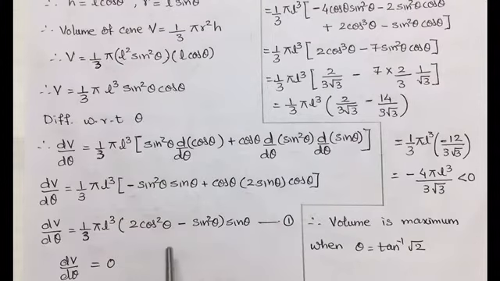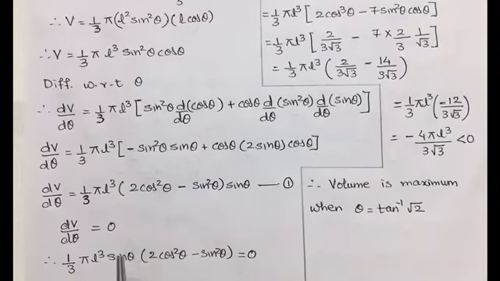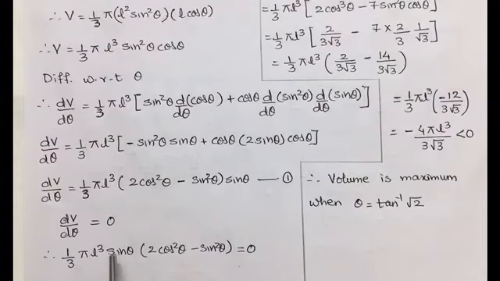Now to calculate the value of theta, we equate the first derivative to be equal to 0. So therefore, the statement becomes 1 by 3 pi l cube sin theta into 2 cos square theta minus sin square theta equal to 0.